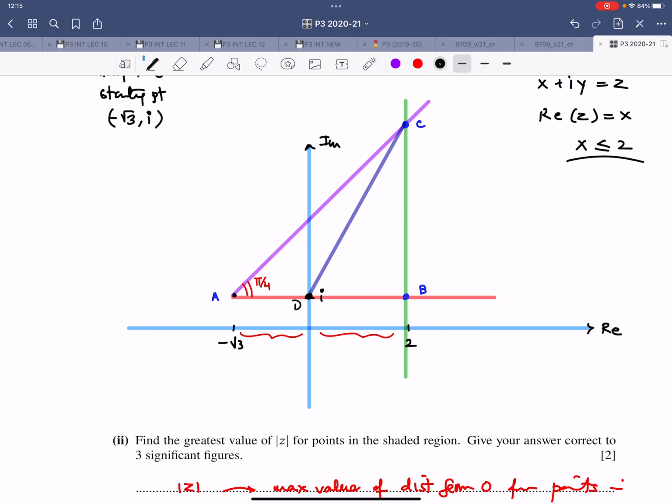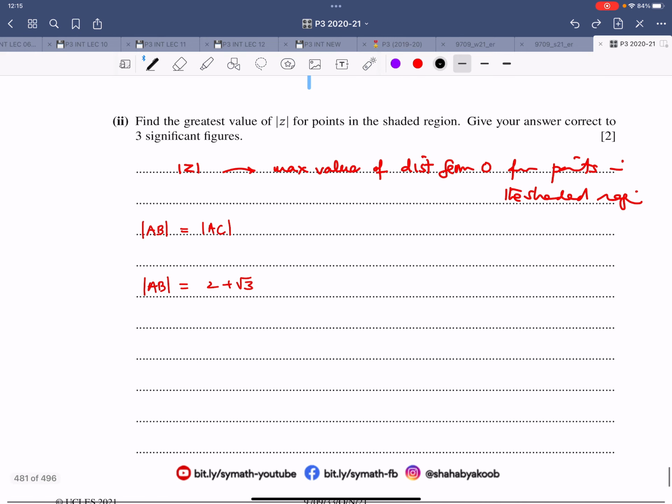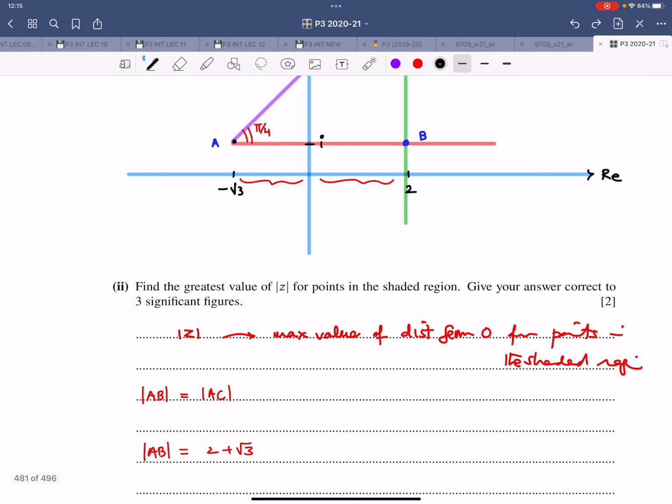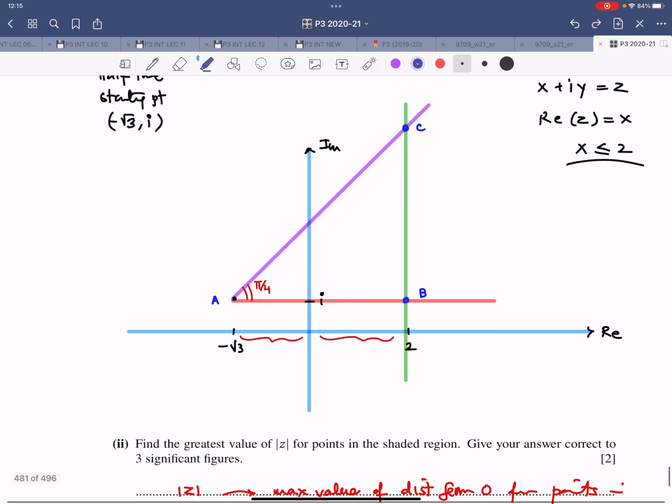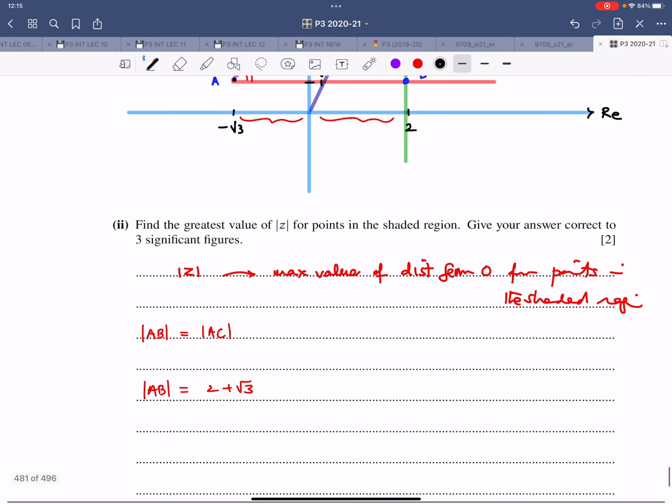Actually, it's from the origin, my bad. So it's not DC. Let me erase this. Because it is from the origin, this is OC, and the magnitude of OC is the greatest value of modulus of z.